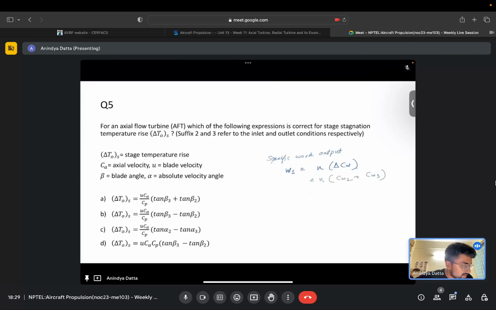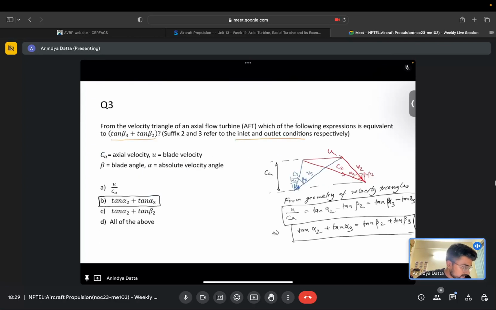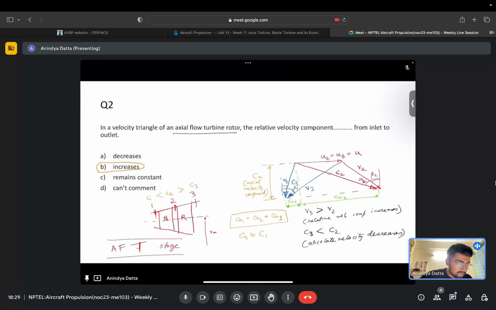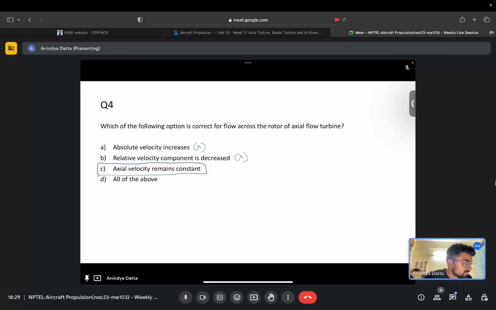Looking at the trigonometry, CW2 is equal to Ca times tan alpha 2, and CW3 is equal to Ca times tan alpha 3. So tan alpha 3 is equal to CW3 divided by Ca. That's how the whirl component is equal to the axial component times the tangent of the absolute velocity angle.